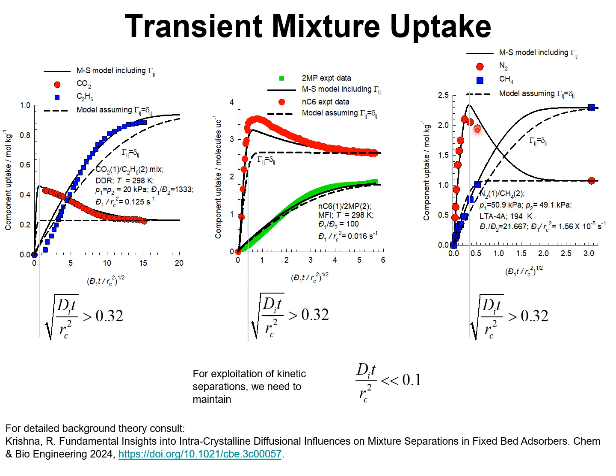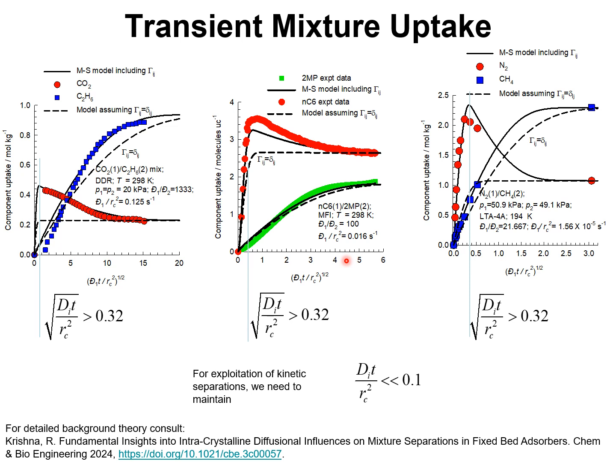Also in this case, the more mobile component is less strongly adsorbed than methane. In this case, however, the more mobile component is also the more strongly adsorbed component, and this separation is termed synergistic kinetic separation.